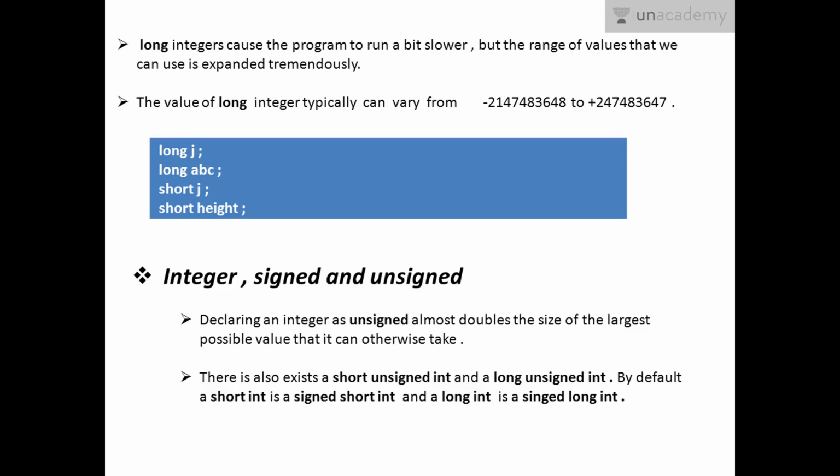Long integer causes the program to run slower because the memory allocation for a long integer is bigger, and the value that has to be stored also increases. Then when the program execution starts from the beginning and you declare a variable as long, execution for that procedure takes place again. That is the reason why it makes the program a bit slower.